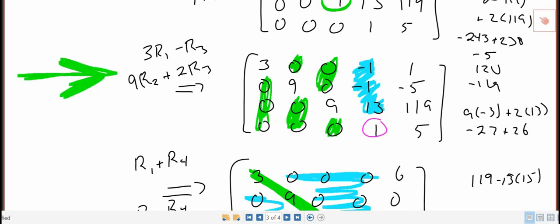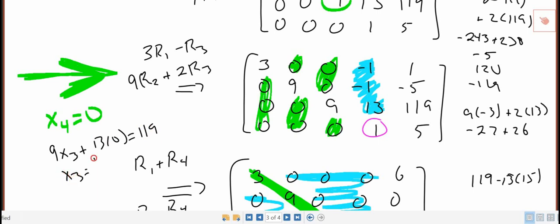Because you would already have now found that X4 was equal to 0. And then you could use the row above it and say, oh, well, 9x3 plus 13 times 0 has to equal 119. So x3 has to equal 119 over 9.